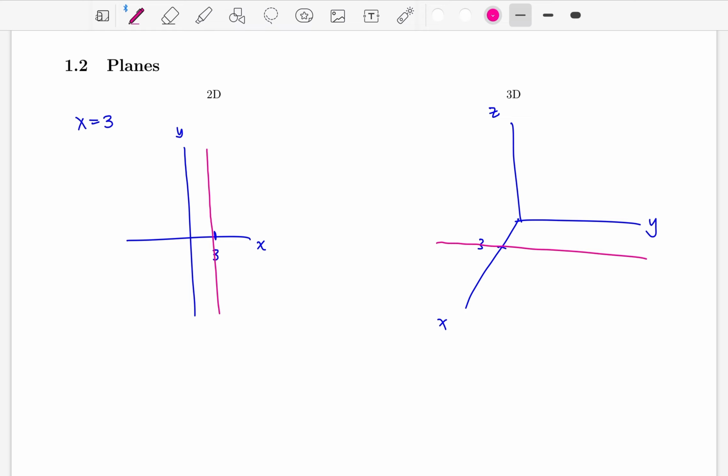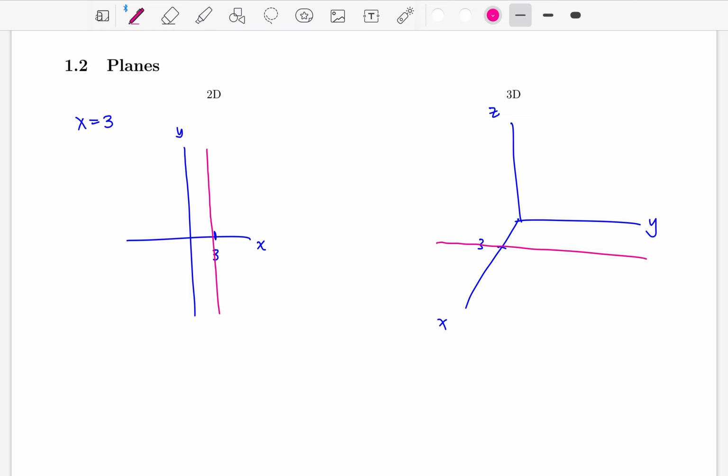Now, the moment I want to move this up to 3D, it turns into a plane. So a line in 2D, if I want to extend it to 3D, will turn into a plane. Imagine I take this line and pull it, turning it into a sheet of paper. If I pull it up and down, it's infinite when it comes to z and y.